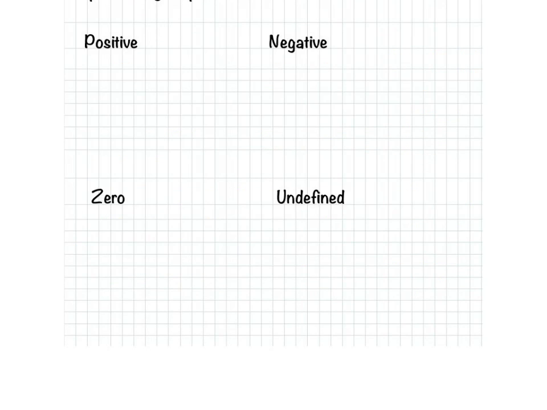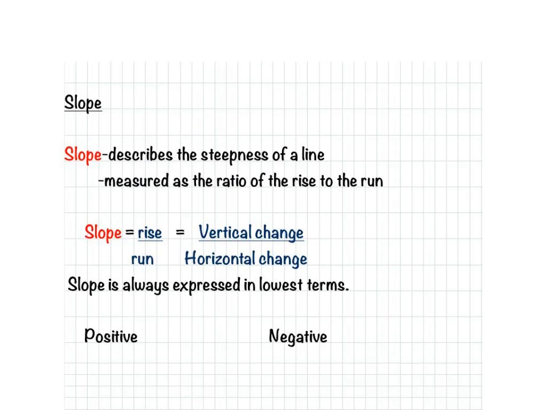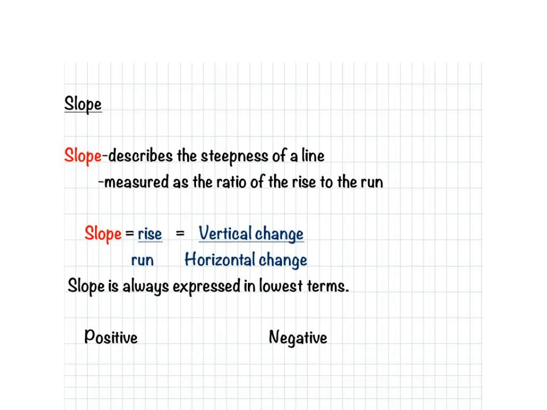Okay, let's continue. Rate of change is interchangeable with the term slope, and we will study slope extensively in this course. Let me define what slope is. Slope describes the steepness of a line. It's the measure of how steep a line is.